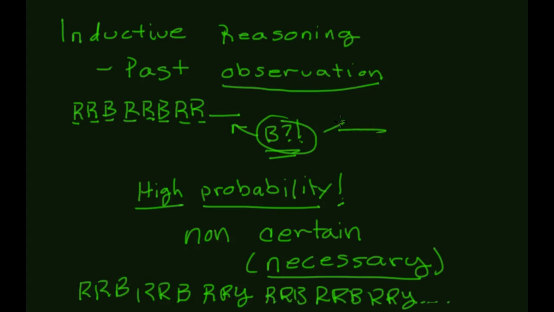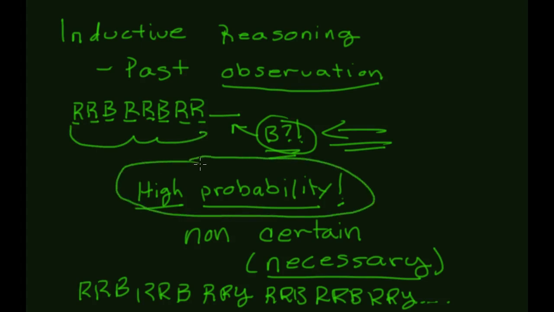And then in that case, our conclusion would have been wrong. So given the evidence that we have, there is a high probability to support my conclusion, but that is not a necessary conclusion, because it might be that at some later point, another observation might defy our pattern.